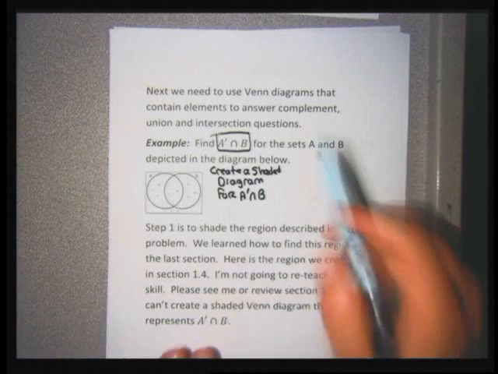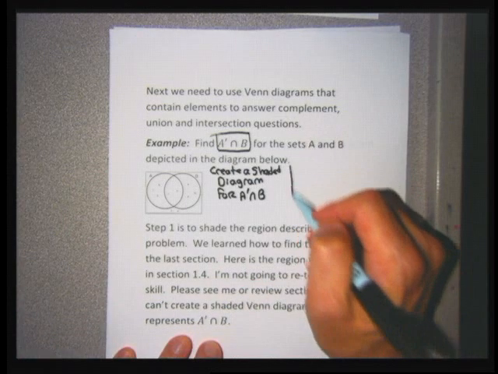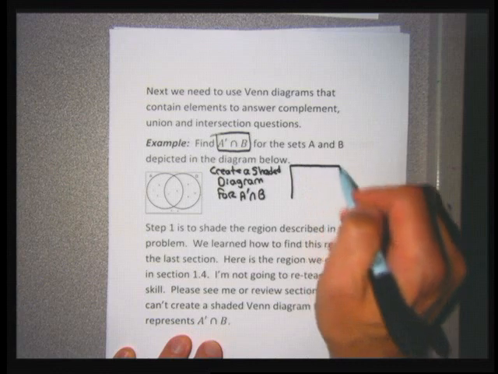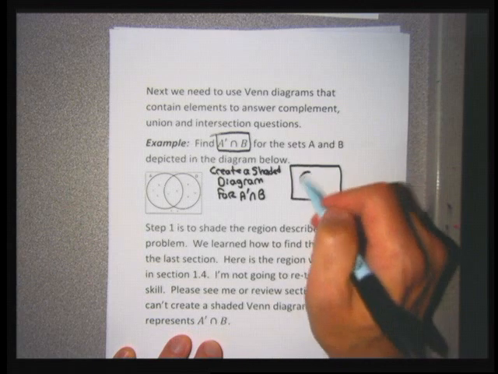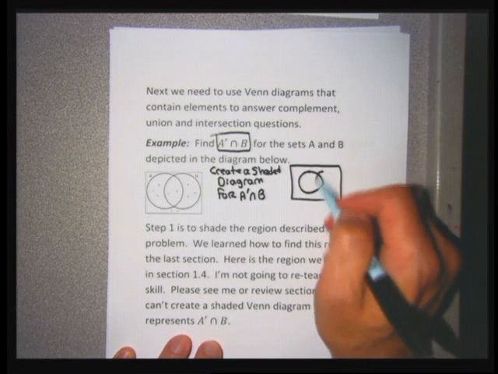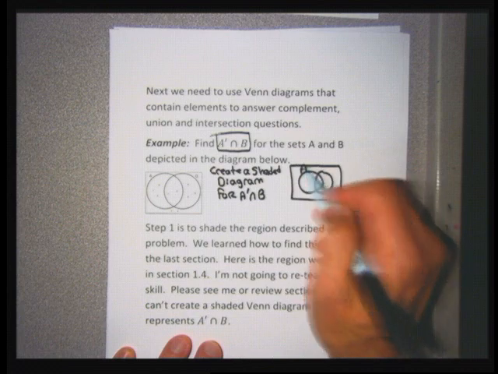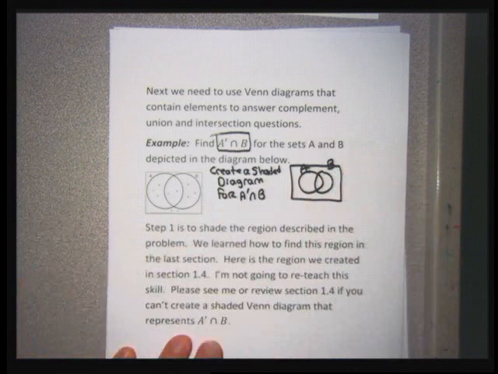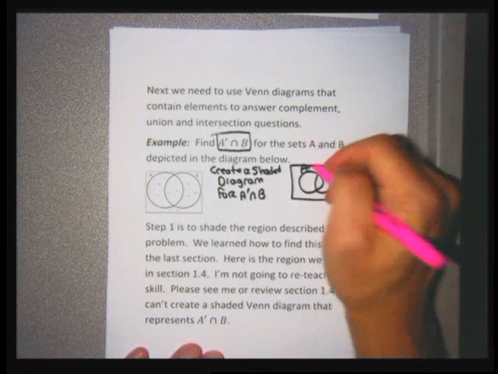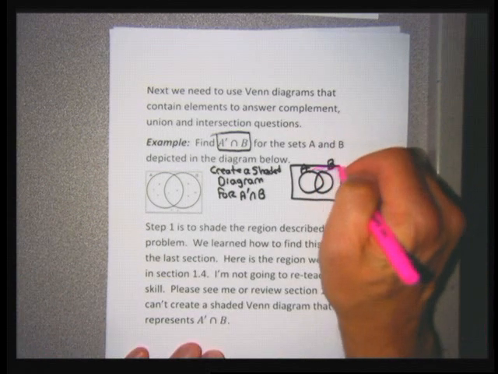So if I wanted to create a diagram for A prime intersection B, I'd make a 2-circle Venn diagram. I'll be a little more efficient here than I was in the last section. A prime is going to be anything outside the A circle.